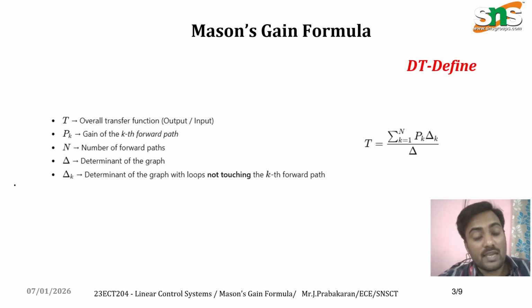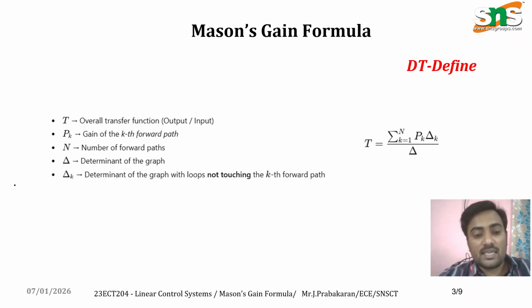Mason's gain formula, which you can see on your screen, is T equals summation k equals 1 to N of P_k Delta_k divided by Delta. T represents the overall transfer function.